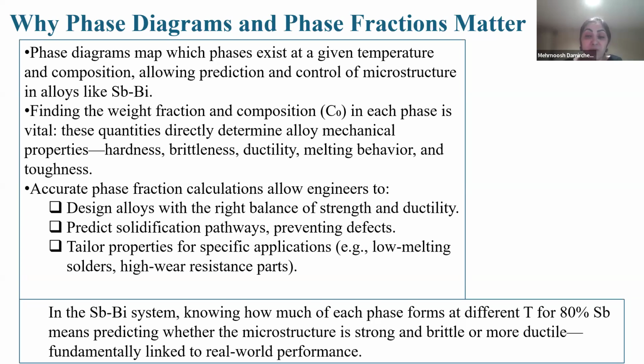For our Sb-Bi example, knowing the phase fractions at these temperatures helps us tailor the alloy for specific applications, whether we need more strength or more ductility, as you have seen when we designed an alloy of copper-nickel. This is why understanding and applying phase diagrams is so critical and important in materials and mechanical engineering.